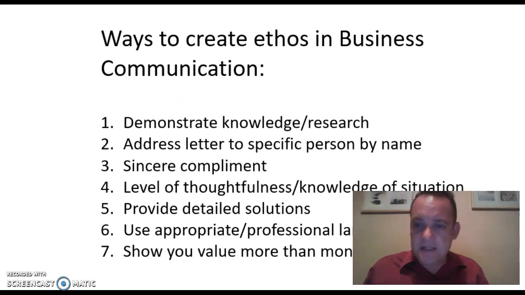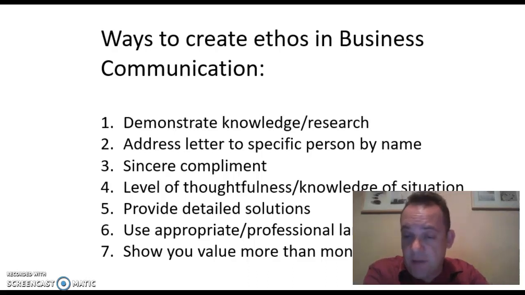So, how do you create ethos in business communication? Well, first, you want to demonstrate knowledge and research of the situation. This is why it's important in your memo to research the name of someone who can resolve your ethical issue. You've got to know who the CEO is if that's who you're going to address your letter to.